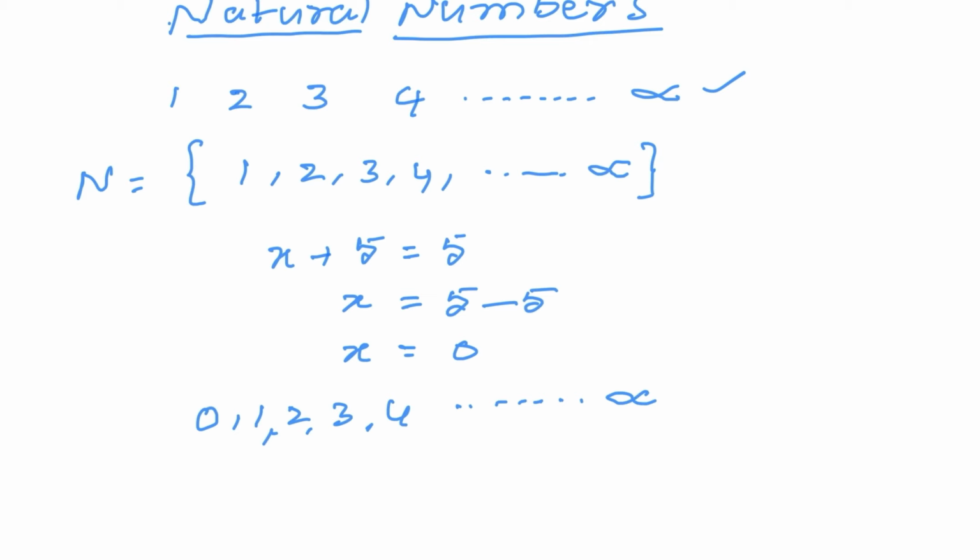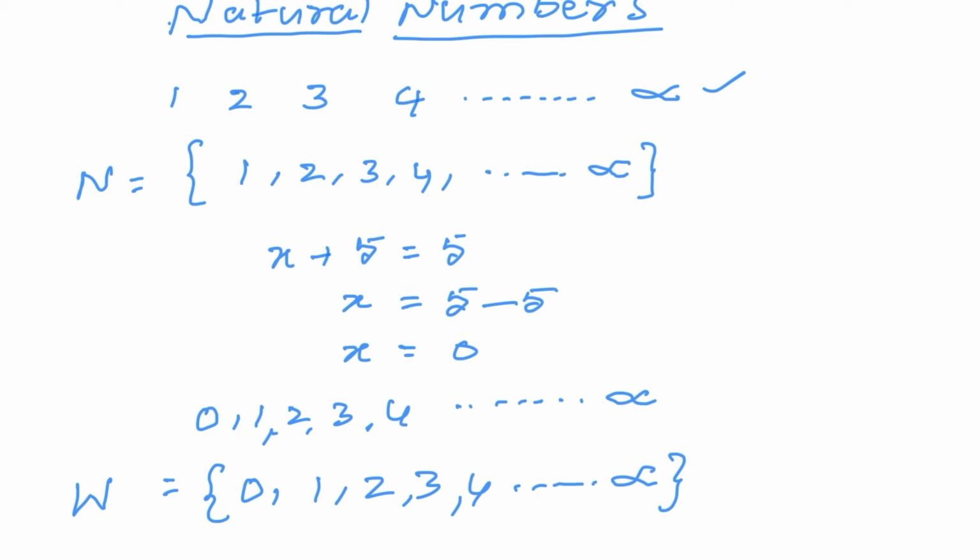If you want to write them in a set, we can write them like this: the set of whole numbers, 0, 1, 2, 3, 4, etc., up to infinity. This is the set of whole numbers. It is denoted by capital letter W. W stands for the set of whole numbers.